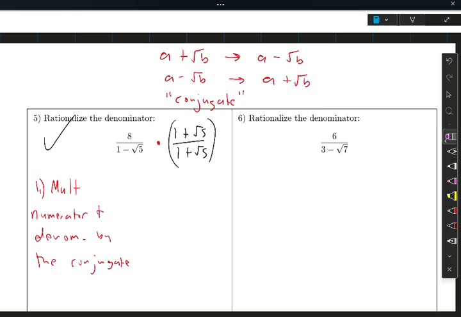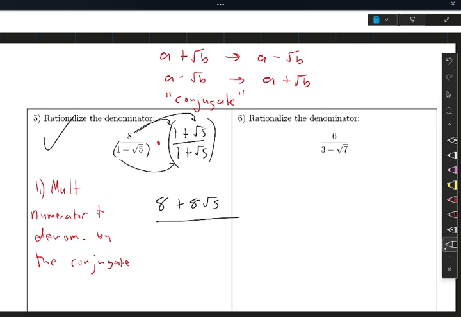So let's do it. All right, we have 8 times 1, which is 8. We have 8 times root 5, which is going to be 8 root 5, positive. Okay. Now, same situation as what we just showed before. We have 1 times 1, which is 1. Don't forget, 1 times root 5 and 1 times negative root 5 is just going to cancel out. It'll be 1 root 5, and that'll be minus 1 root 5. That's just going to cancel out.